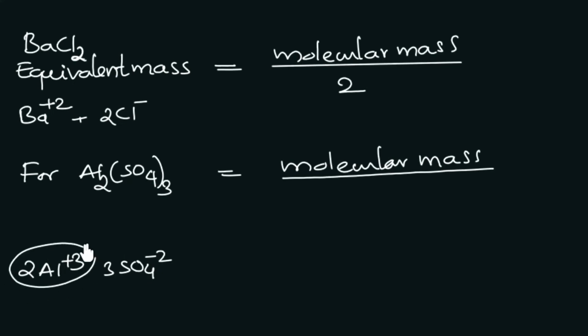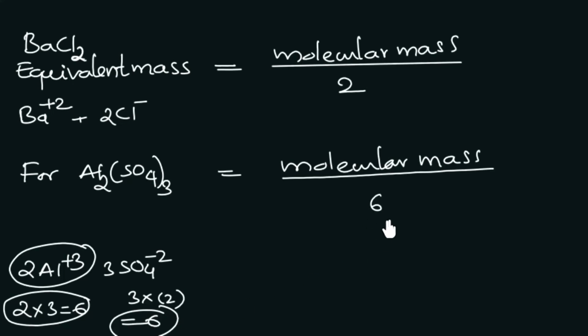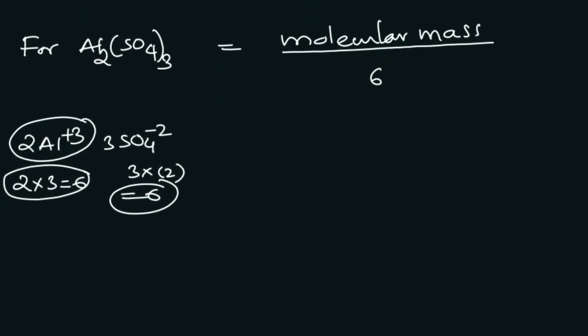The total positive charge here is 2 into plus 3, that is 6, and total negative charge is 3 into minus 2, that is also 6. Therefore 6 negative charge or 6 positive charge, either you can take. This is how we can calculate the equivalent mass of the salts.